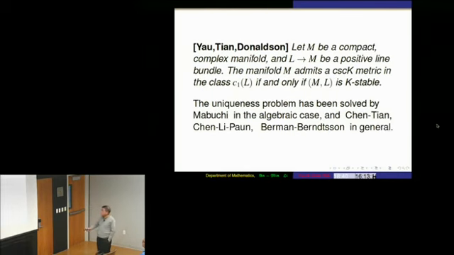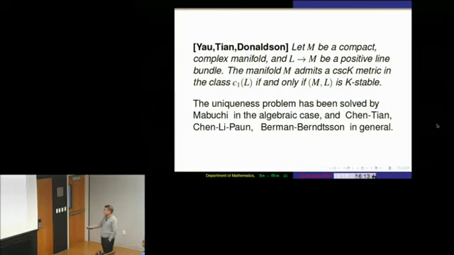The famous conjecture is called the Yau-Tian-Donaldson conjecture. Let M be a compact complex manifold, and L be a positive line bundle. The manifold M admits a constant scalar curvature metric in the class if and only if (M, L) is K-stable.